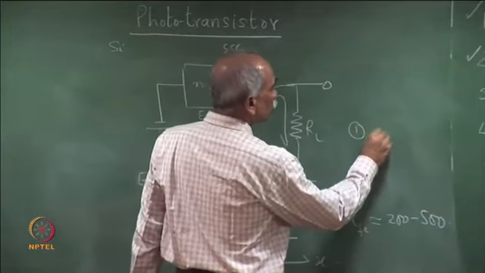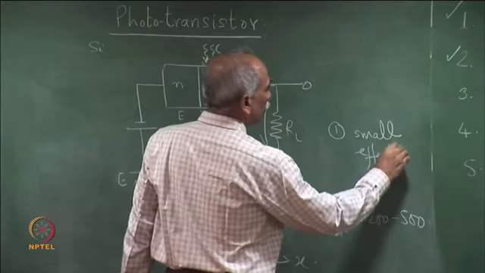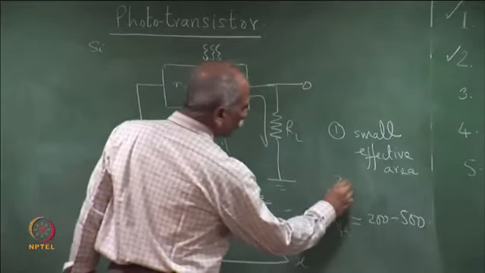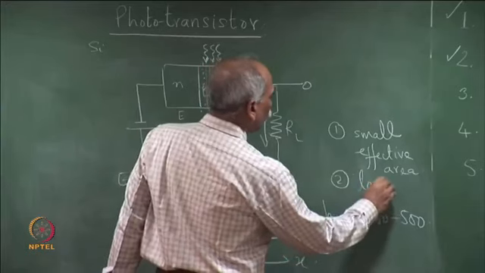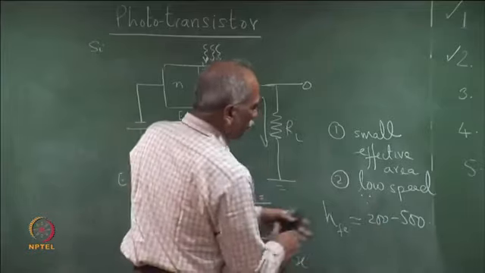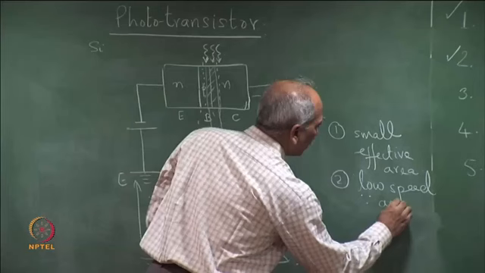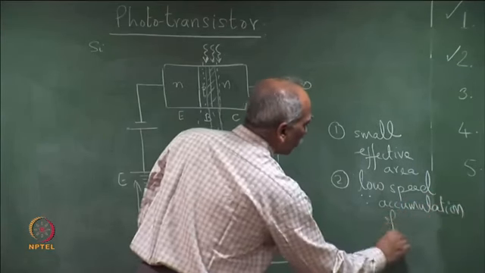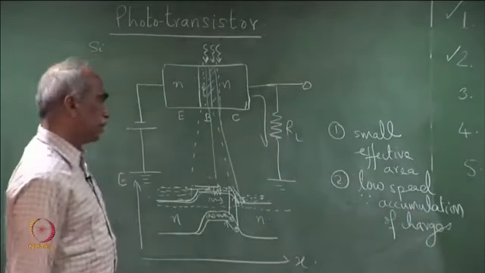So, these are the two demerits. One is small active area, small effective area, and two, low speed, because of accumulation of charges in the base region.